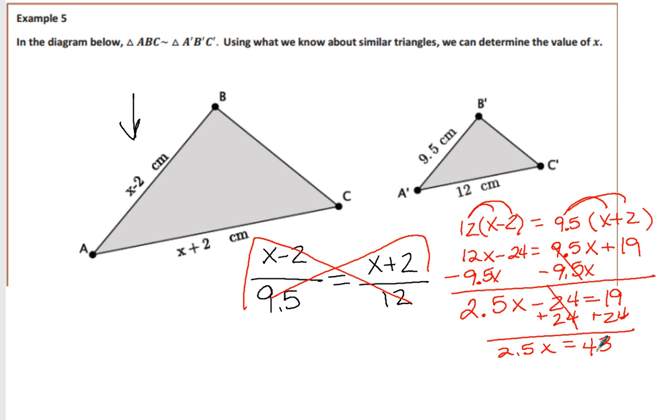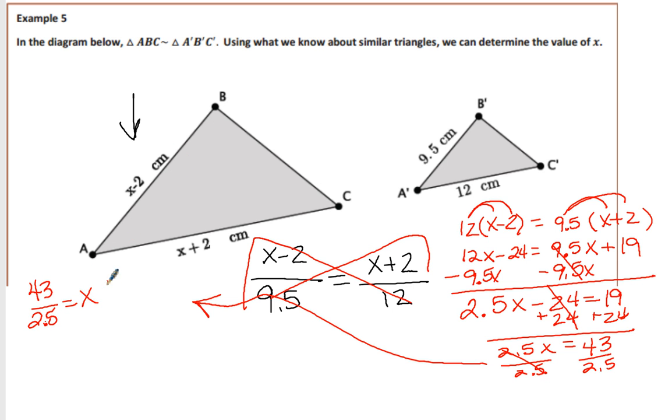And as we go to solve this, we're going to divide by 2.5 and divide the right side by 2.5. And I'm going to go over here, guys. Sorry. So now we have 43 over 2.5 equals our x.